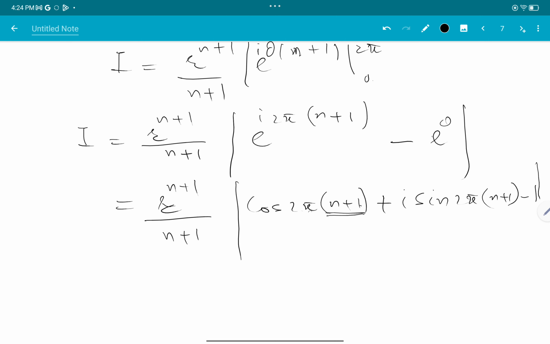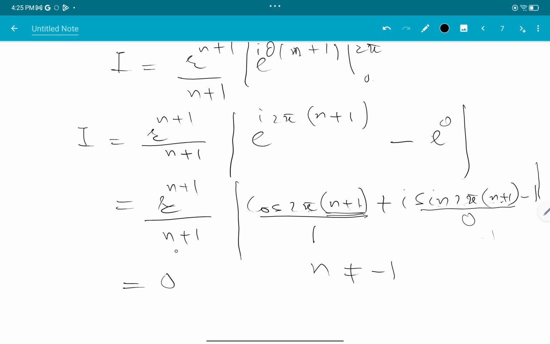Now this is 1. This is 1. This will be 0 because sine 2 pi and sine 4 pi are 0. This is 0. This is minus 1. So this whole becomes 0, and this then becomes 0, provided n is not equal to minus 1.